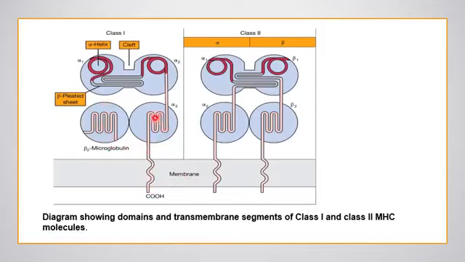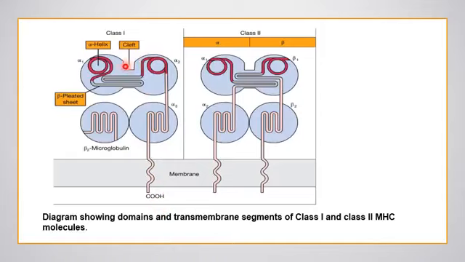Beta 2 microglobulin is bound to alpha 3 non-covalently. It has the C terminus, which leads to the MHC class 2 staying inside the cell, sorry.